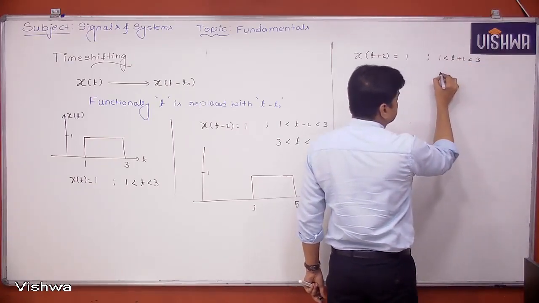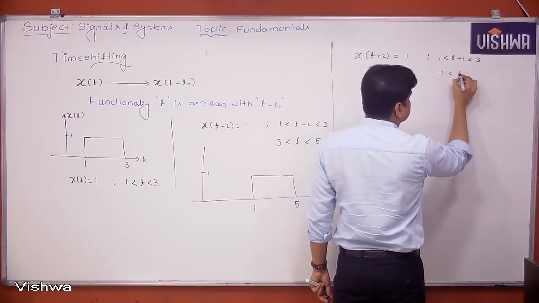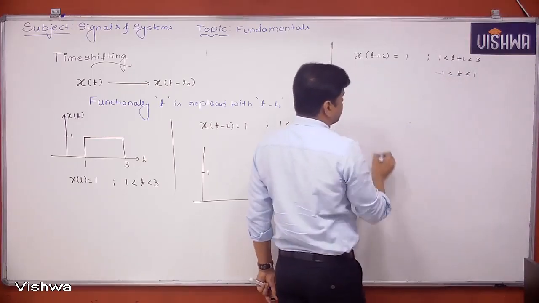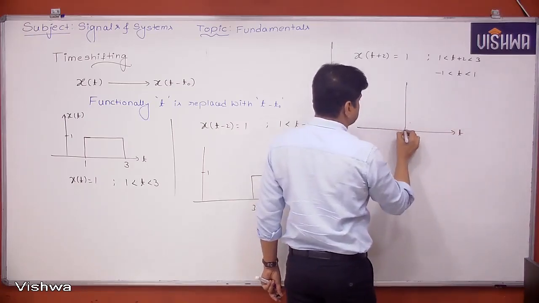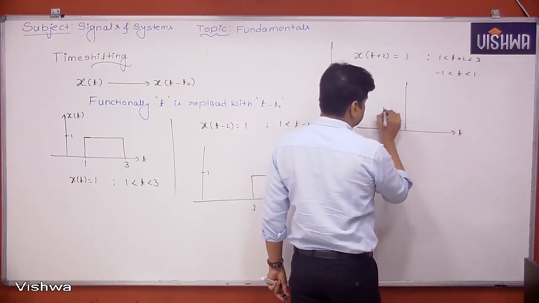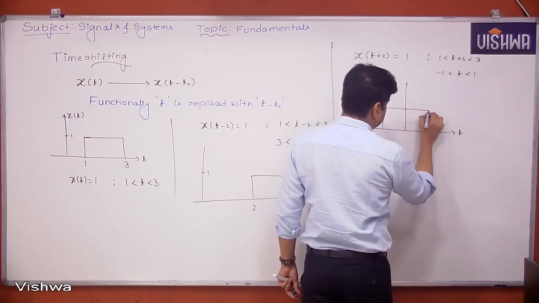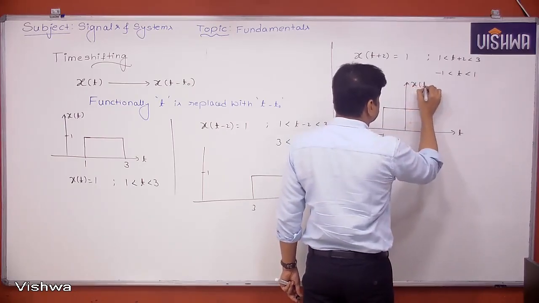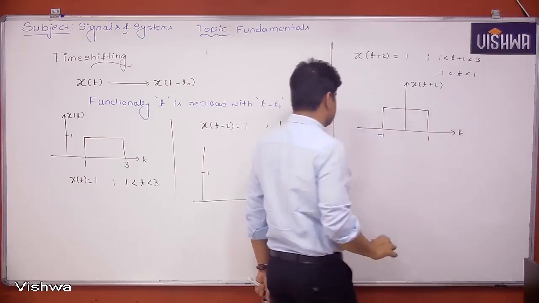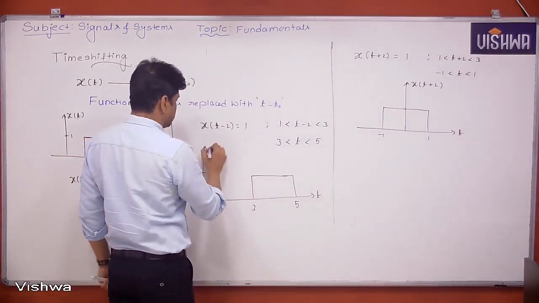Then the limits of t are minus 1 less than t less than 1. So if I draw the signal, how does it look? Minus 1, 1. This is x of t plus 2. This is x of t minus 2.